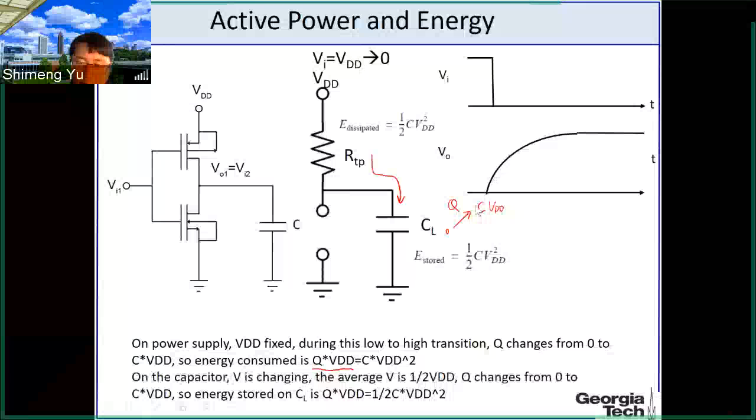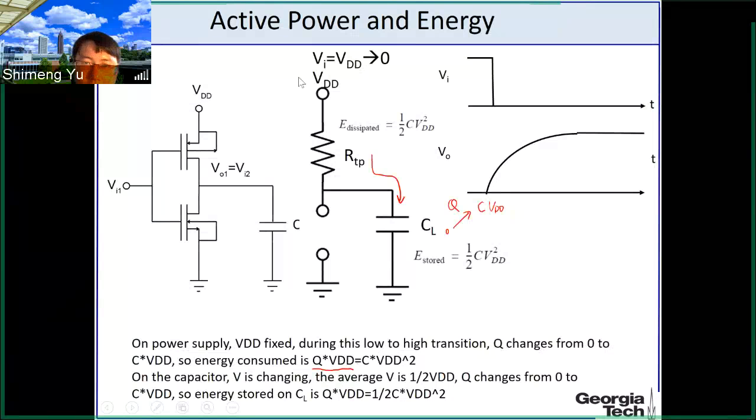Sorry, the energy spent by the power supply is Q times VDD. So this Q is C VDD, and in total it is C VDD squared. Energy is charge times voltage. This is by definition: energy is charge times voltage.